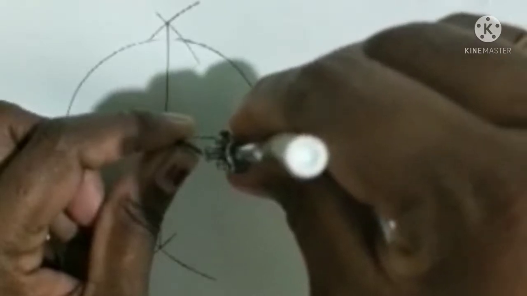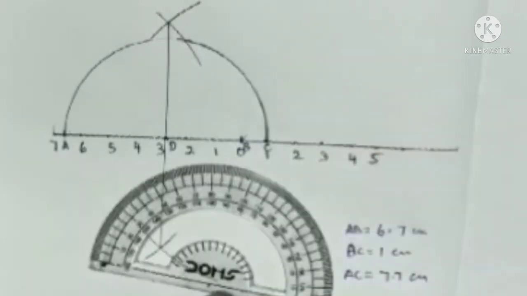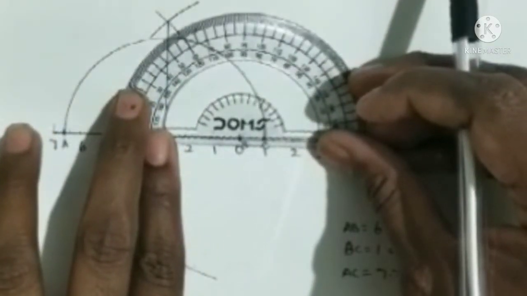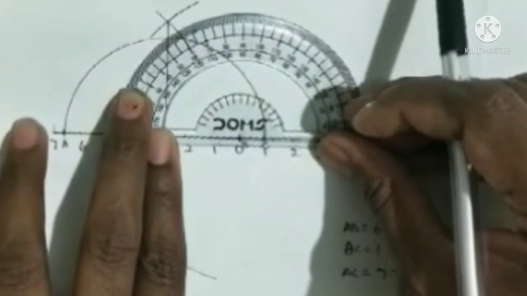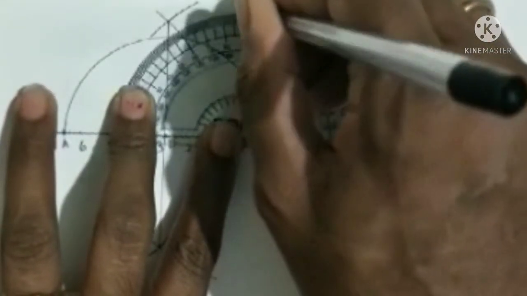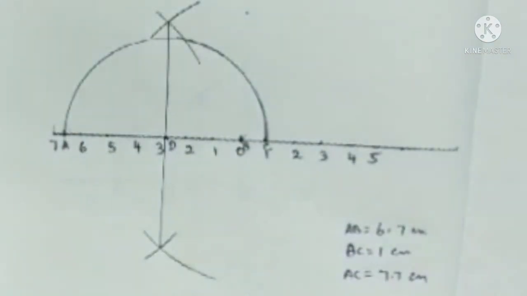Then with AD or CD, you can draw the semicircle. Okay. Then at that point B you can take 90 degrees.